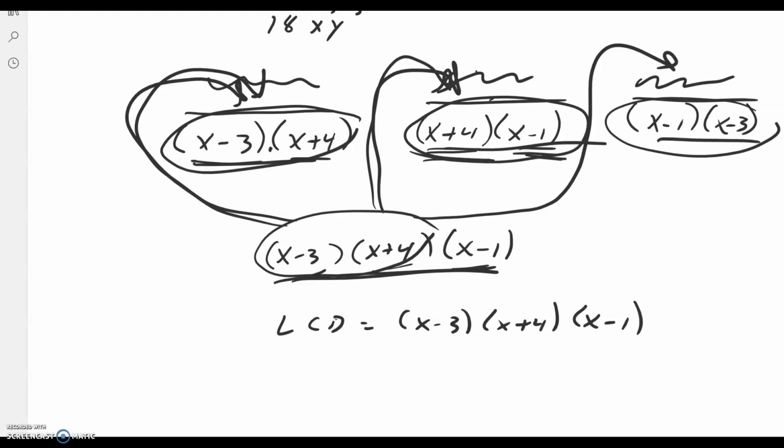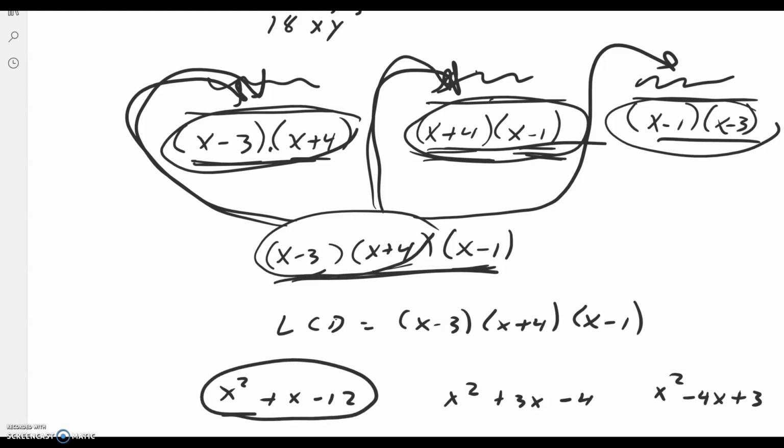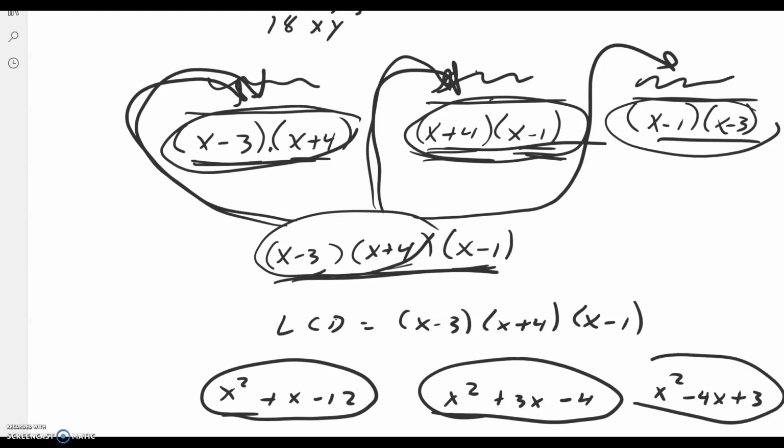Notice if these original denominators had been multiplied out so that we had x squared plus x minus 12 for the first one, and x squared plus 3x minus 4 for the second one, and x squared minus 4x plus 3 for the third one, then the way to find the least common denominator would be to take these and factor them first and write them this way so we could see what parts they're built out of, so we could then build the least common denominator.